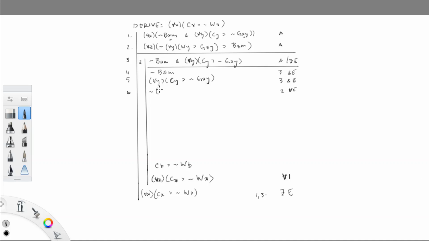Tilde for all y, if Wy, then G A Y, then B A M. I've instantiated the generalization on line 2 to the name A. The variable of quantification is Z, so when I saw those Z's, I replaced them with A's.